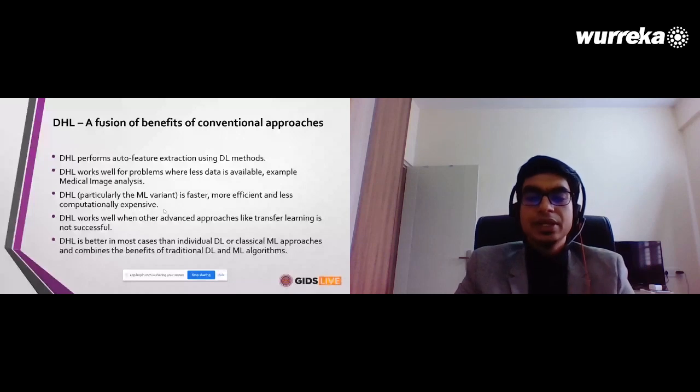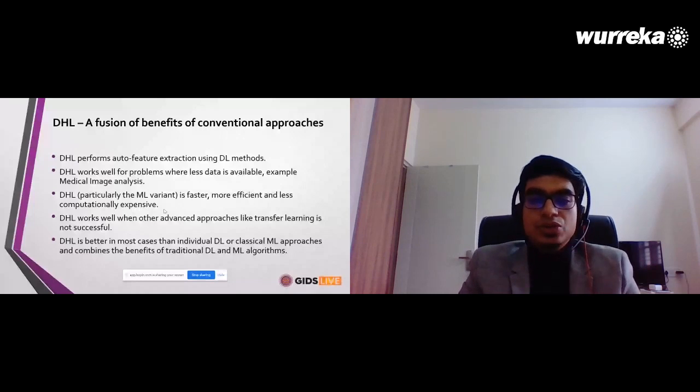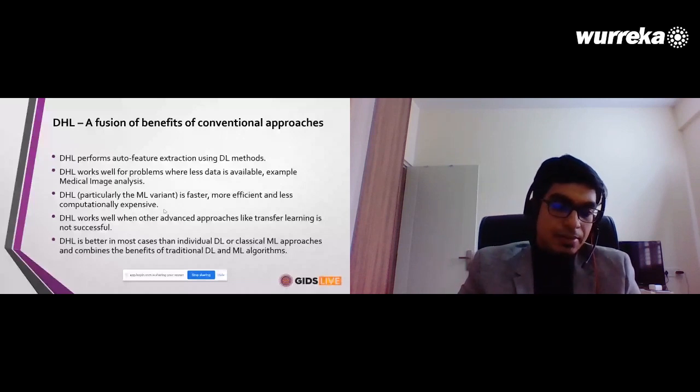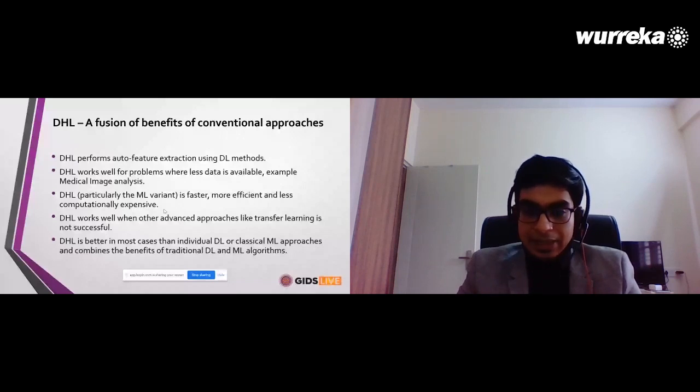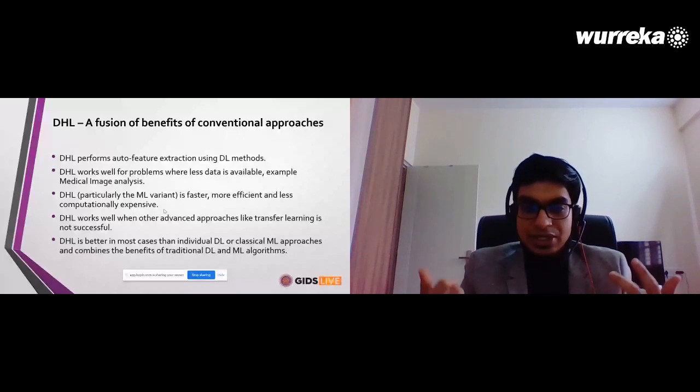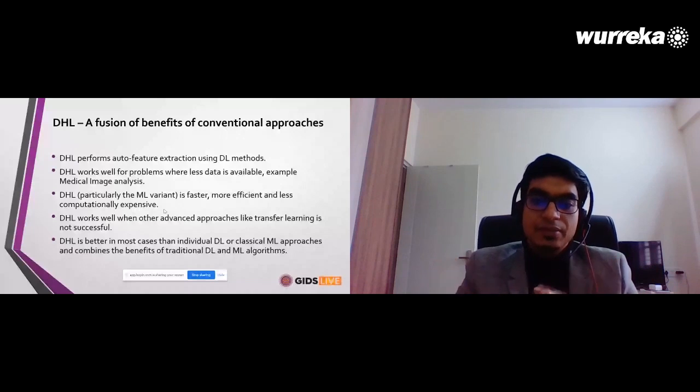For example, if my model is trained on something like the ImageNet database, which is normally taken from normal camera images, it is quite different from radiographic or MRI images. So in such cases, transfer learning may not work well.